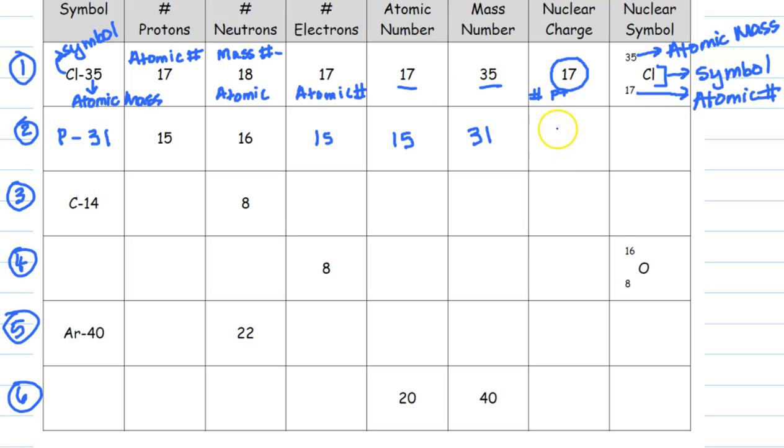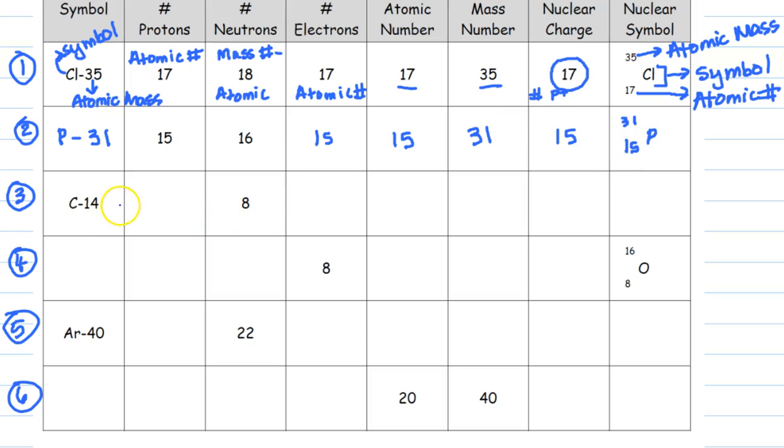So the nuclear charge is there are 15 charged particles in the nucleus. If I want to write the nuclear symbol, I'm going to put P, which is the symbol for phosphorus. I'm going to put the mass, or the atomic mass, at the very top, and then I'm going to put the atomic number at the bottom, which is 15.